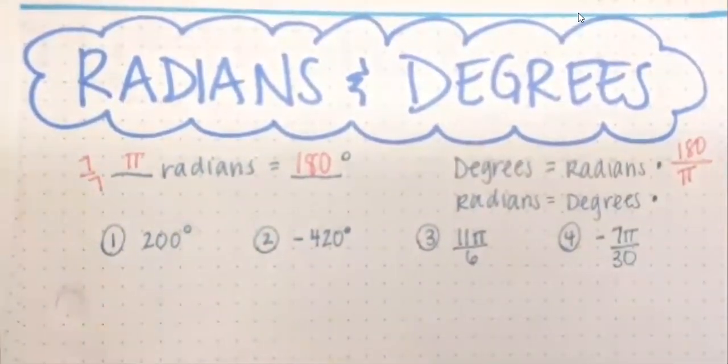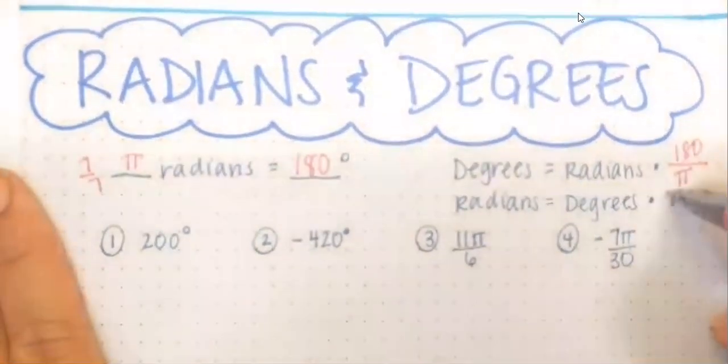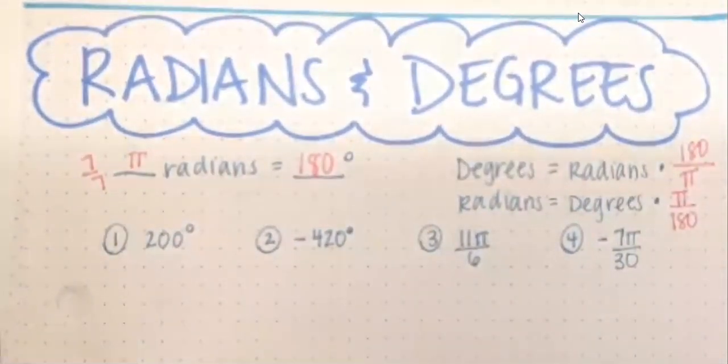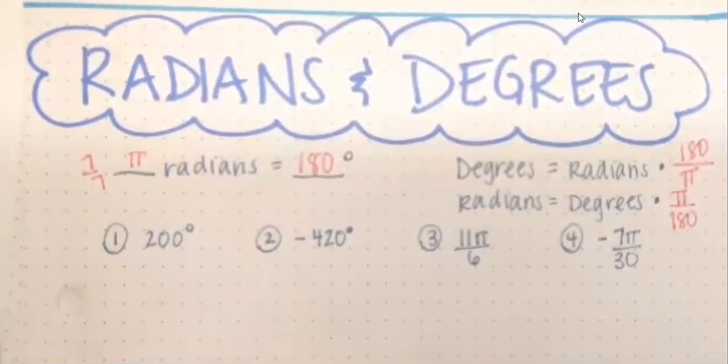If I want to go from degrees to radians, I flip that and multiply by pi over 180. That's the big gist of it: degrees times pi over 180, and radians times 180 over pi.